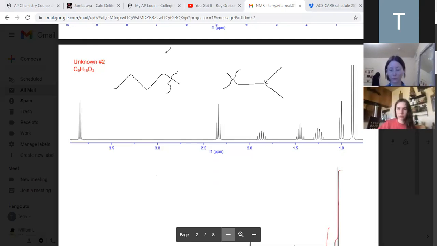So based on what we have, we need to put this ester in between. So this signal right here, we said is C. This signal right here, we said was D. Okay, so when we think about our ester, I'm going to put a little bit to the left.